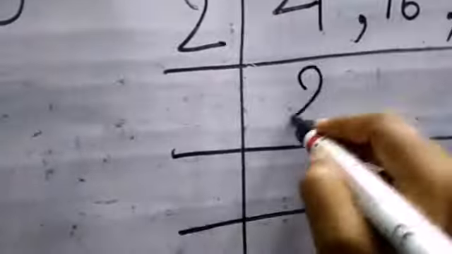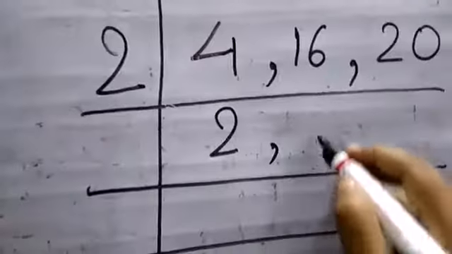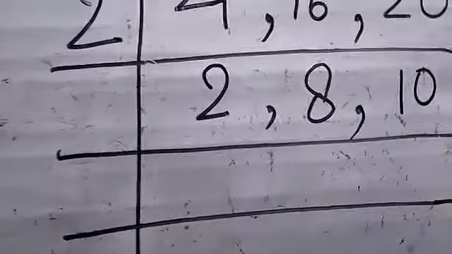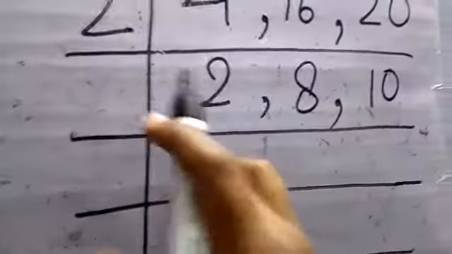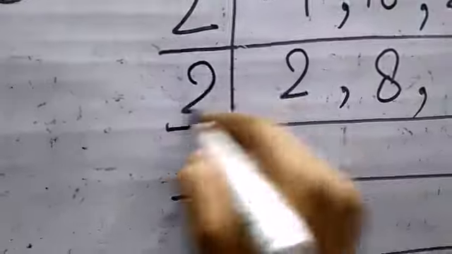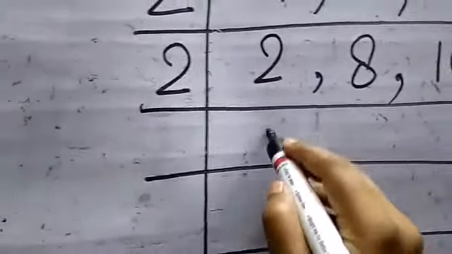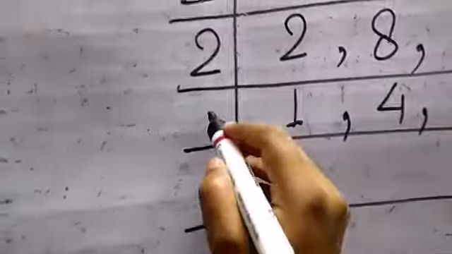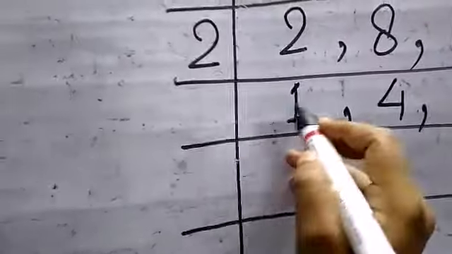So start from 2, 2 2s are 4, comma, 2 8s are 16, comma, and 2 10s are 20. Now again division is possible with 2, so again we divide by 2. 2 1s are 2, 2 4s are 8 and 2 5s are 10. We divide until we get 1. Okay, in all terms we want to get 1.